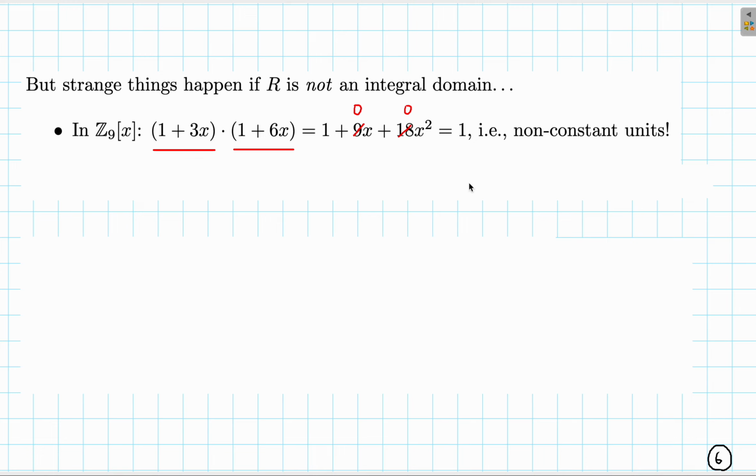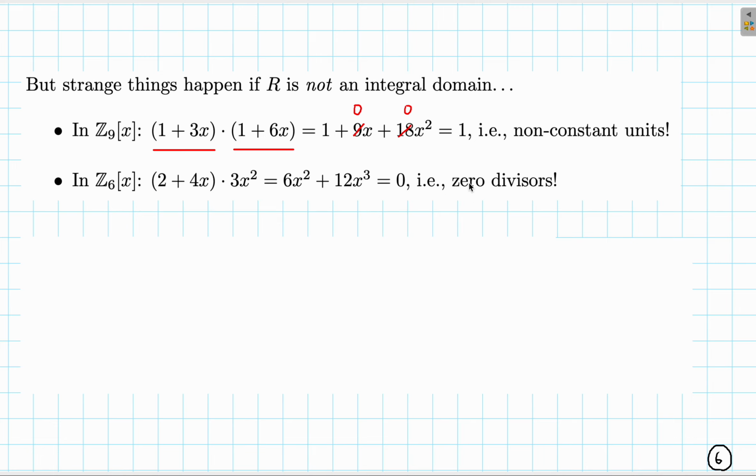Here's another example, this time from Z6[x], where Z6 is also not an integral domain. This time when we multiply 2 plus 4x by 3x squared, let's reduce the coefficients in Z6.